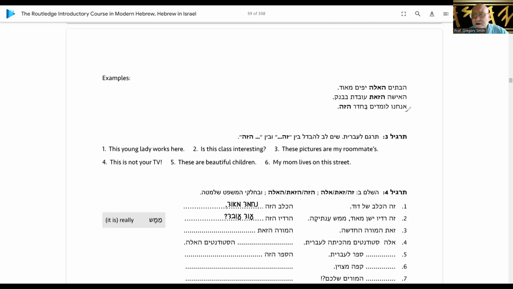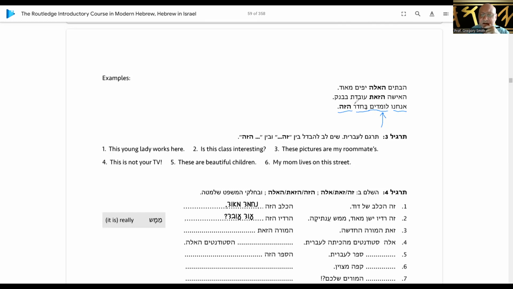Okay, so how about this one? Anachnu lomdim. So we are studying. That comes from the study one there. This is Bachadar Hazeh, I think. I wonder if it's that room thing. Oh, wait a minute, that's not right.